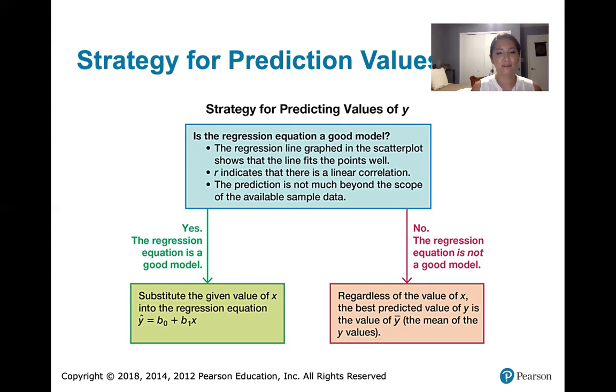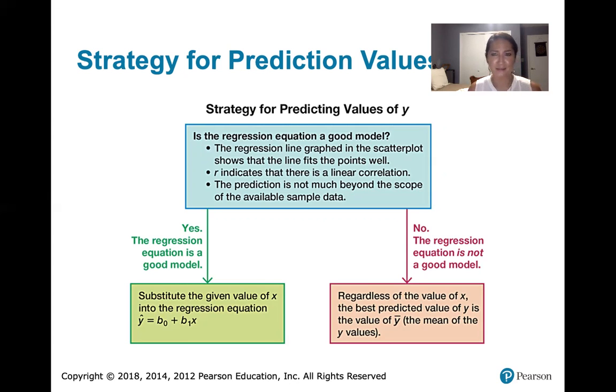So it makes perfect sense to use the equation of a line to come up with that predicted y value. Now, if any one of those does not hold, so the scatter plot does not fit a linear model, or we don't have evidence of a linear correlation, or we're choosing an x value that's far beyond the scope of x values that we started with, then it's not appropriate to use that linear model to predict anything.